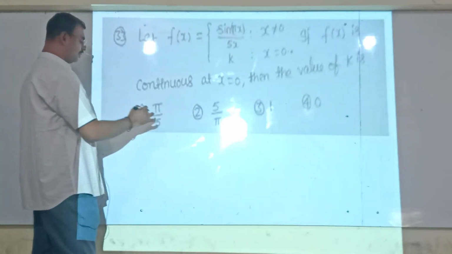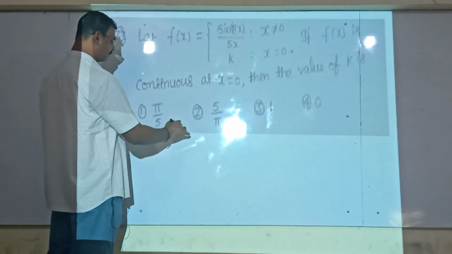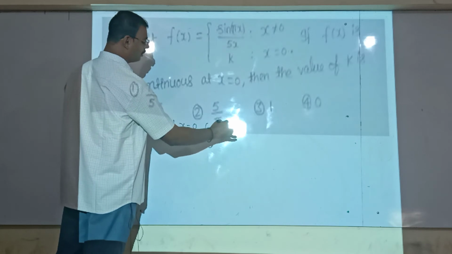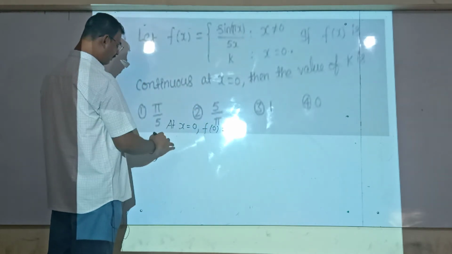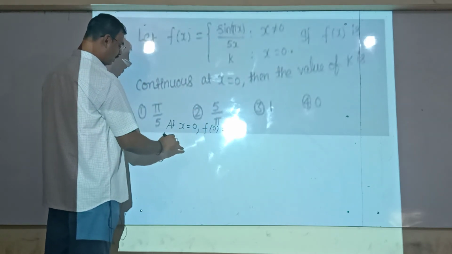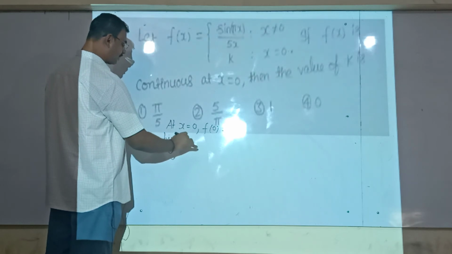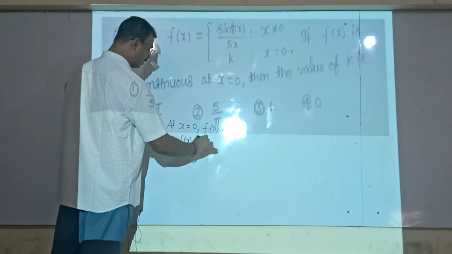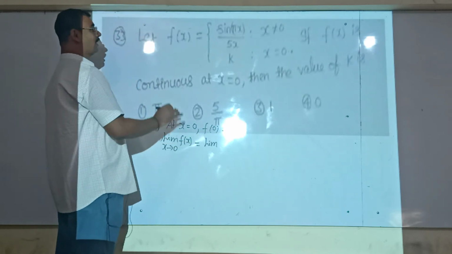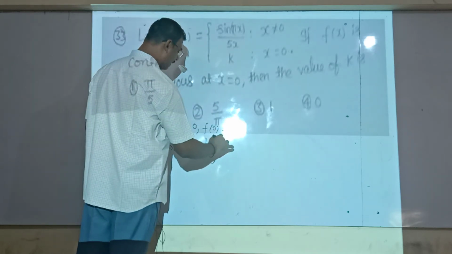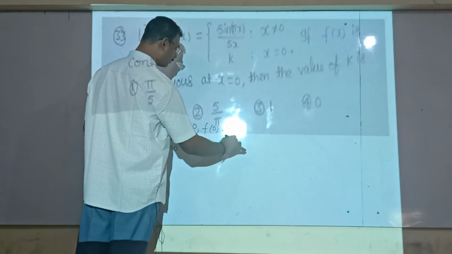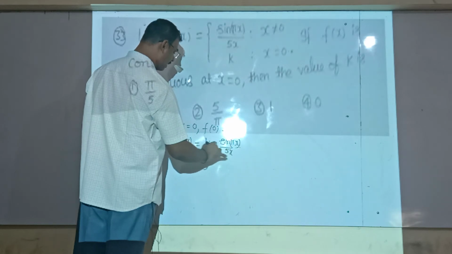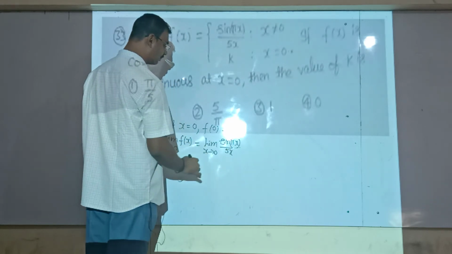So at x equal to 0, we have to find this value. At x equal to 0, f of 0 is equal to k, given. Find the limit directly. Limit of f of x as x approaches 0. This is the limit of sin of pi x divided by 5x as x approaches 0.